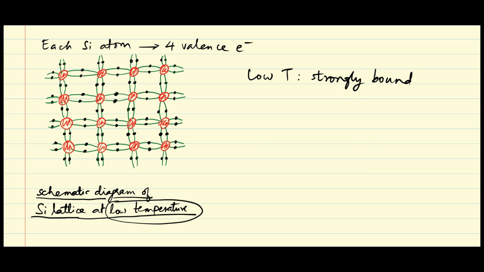But as discussed earlier, at higher temperatures, like for example at room temperature, some of the valence band electrons get pushed up into the conduction band. So what would it mean in the lattice diagram?